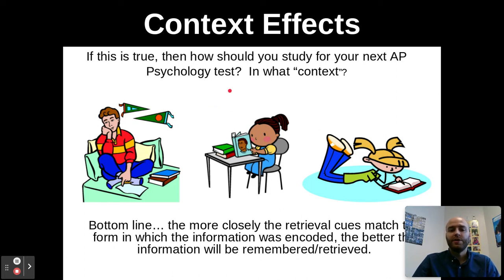The more that you can closely match your learning to the place where you're going to have to retrieve it, the better it's going to be. The better you're going to remember and retrieve that information. So hopefully you can be encoding this information or taking it in your off block, in a desk somewhere, in a school environment, because that will aid in your retrieval.